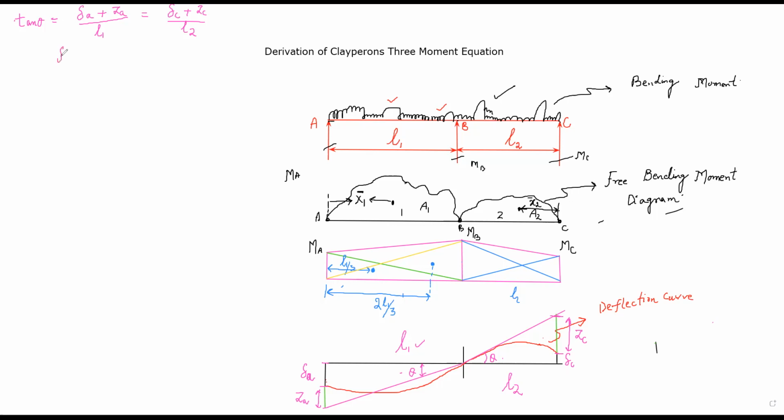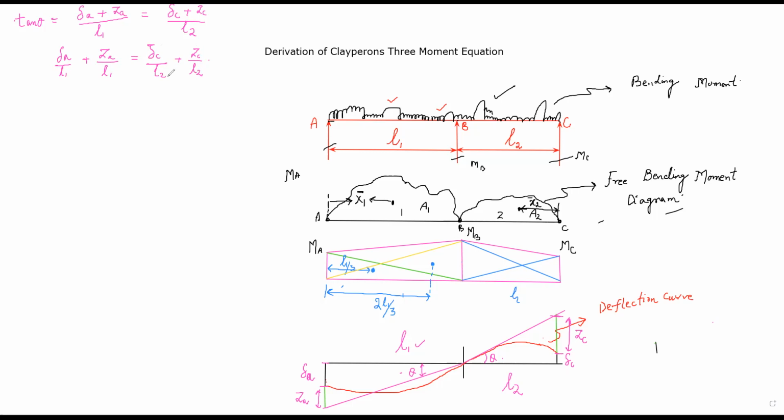We can write delta A by L1 plus ZA by L1 is equal to delta C by L2 plus ZC by L2.